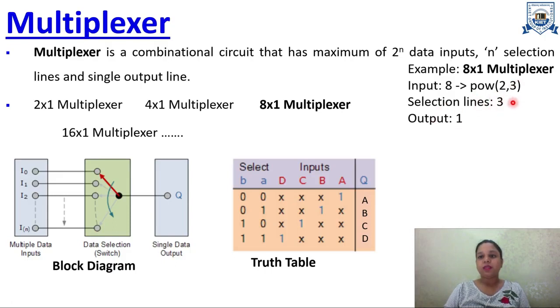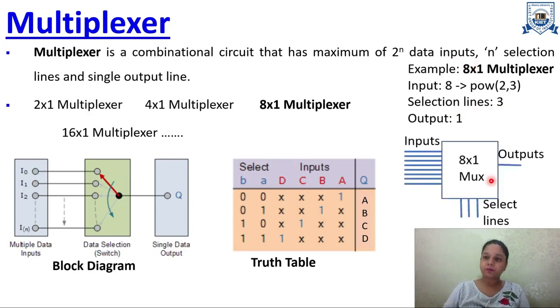On the basis of the possible combinations of these 3 binary select lines, one of the inputs from these 8 will be the output. This is the block diagram for the 8 into 1 multiplexer. 8 is the number of inputs and 1 is the output, and these are the select lines on the basis of which one of the inputs will be the output.